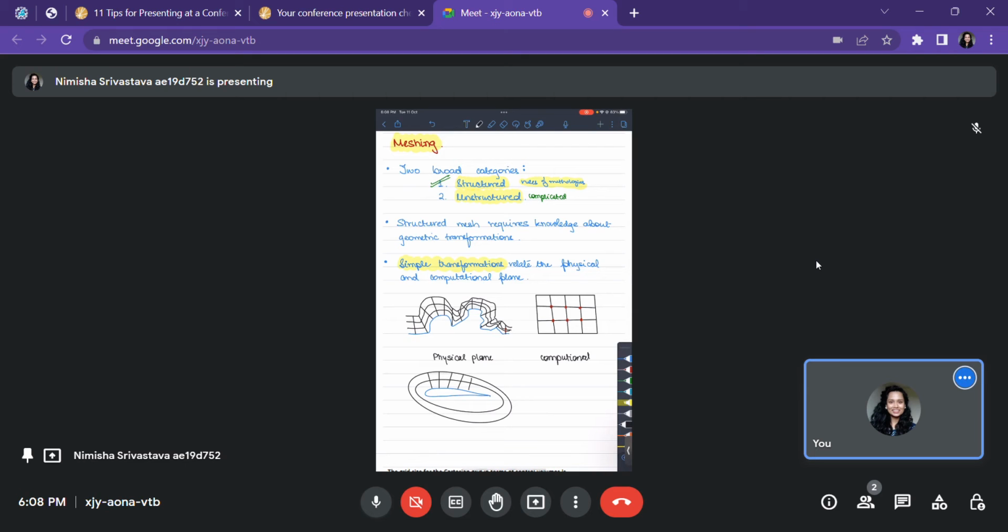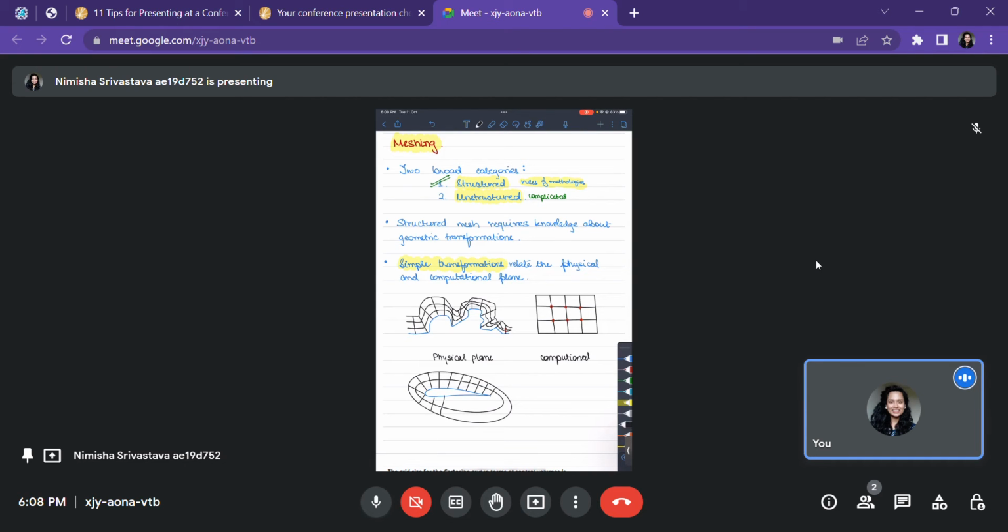Therefore it's a cumbersome subject, and there are various ways to go about making a structured mesh, but all of them must be backed up with solid proof and solid transformations. So that's a requirement from our end as engineers.